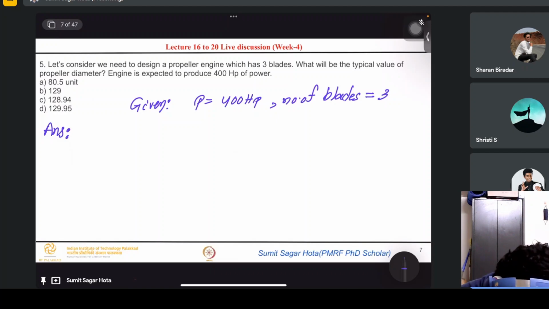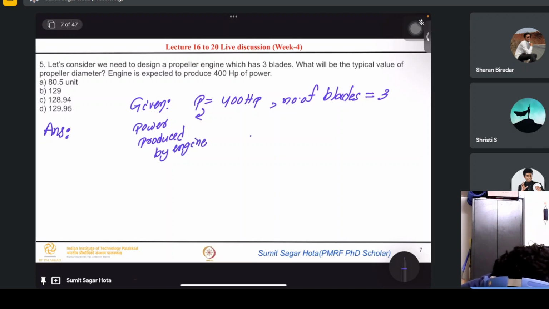Here P is the power produced by the engine.